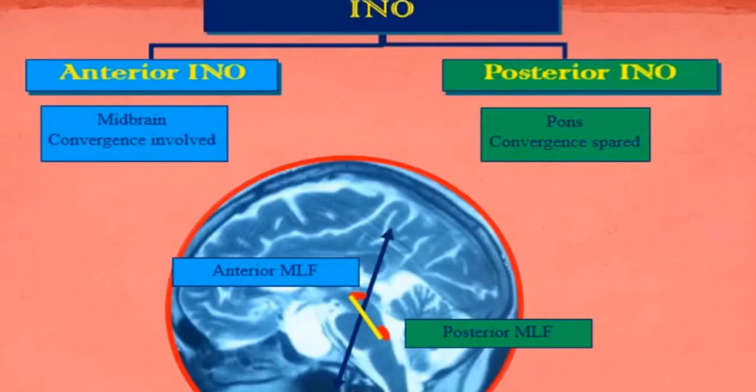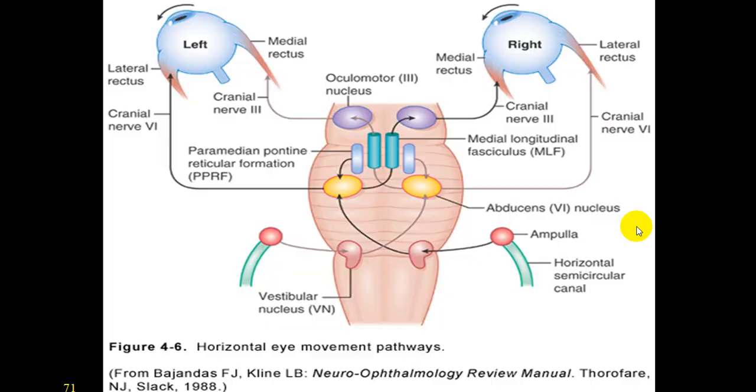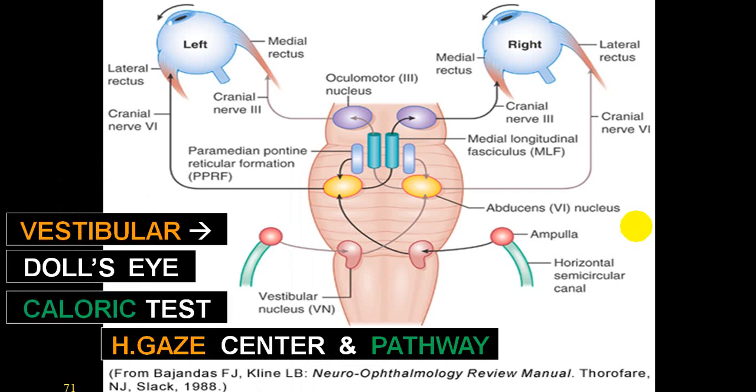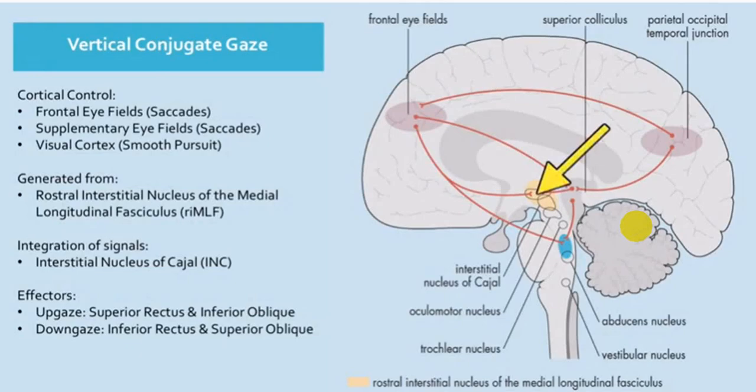So at present, this is called internuclear ophthalmoplegia. I've discussed all those things. At present I'm not discussing this part. You will have testing also done in case of vestibular nucleus testing and Doll's eye movement, and even in the caloric test.